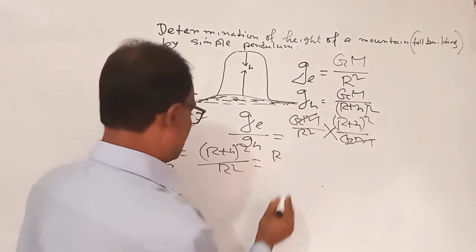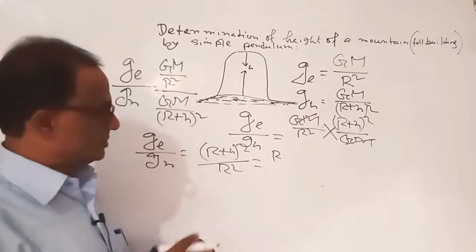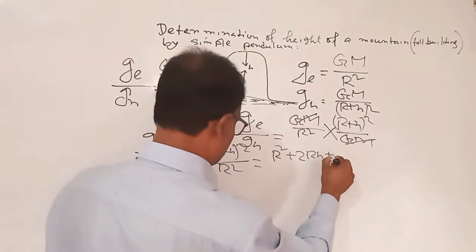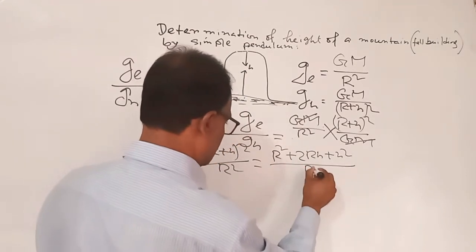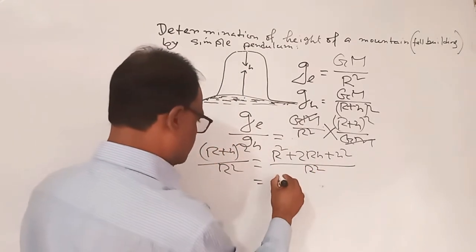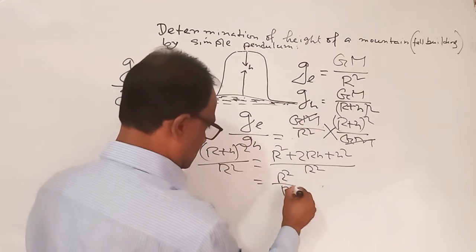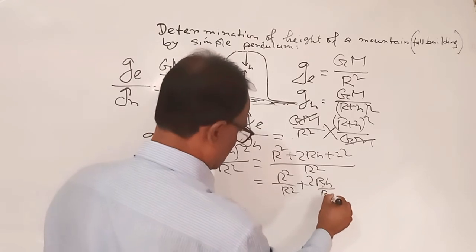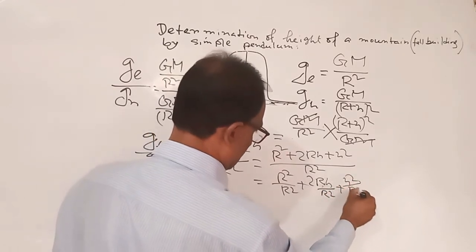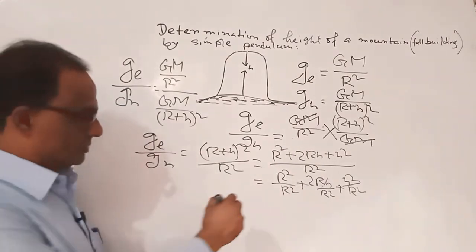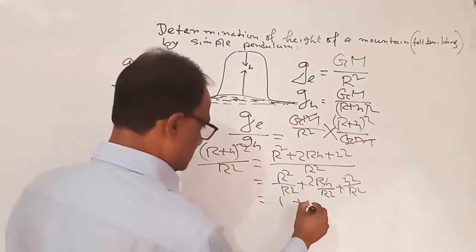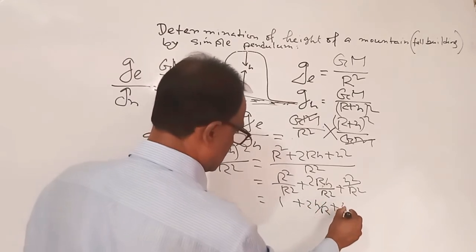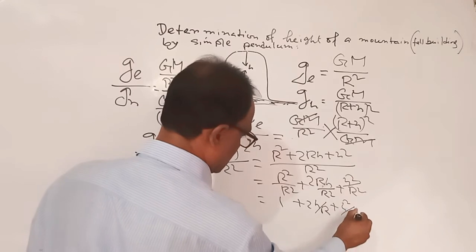If we apply the (a plus b) whole square formula, we can write h square by R square, then R square by R square, 2Rh by R square. So we can write 1 plus 2h by R plus h square by R square.